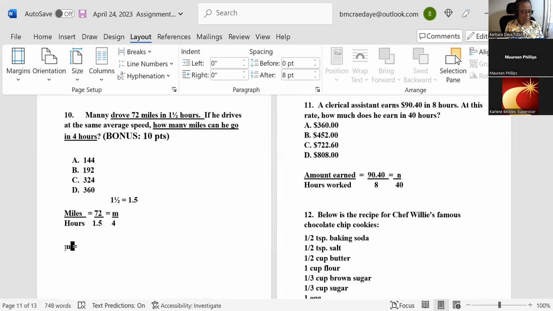What do you get? 4 times 72 is 288. Then divide that by 1.5. 192. That's the answer. Very good, Maureen.